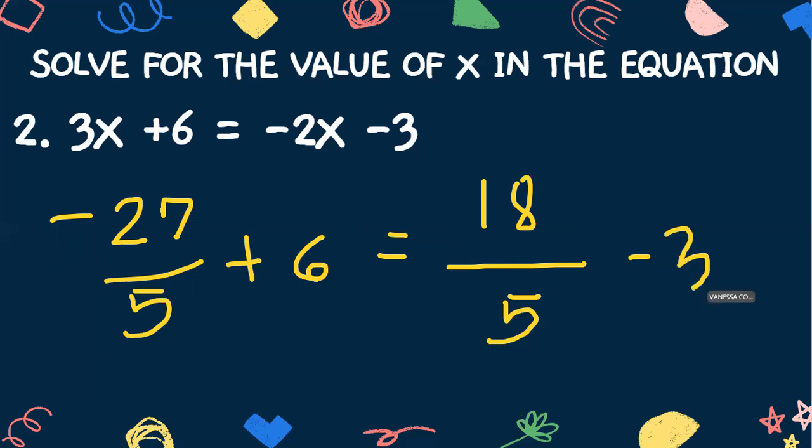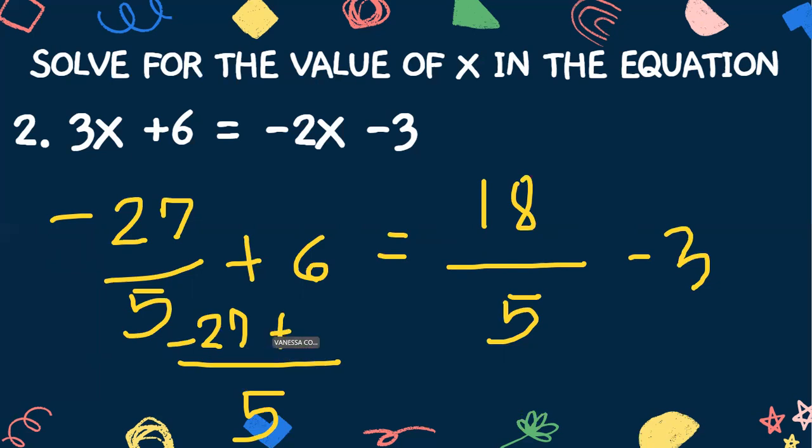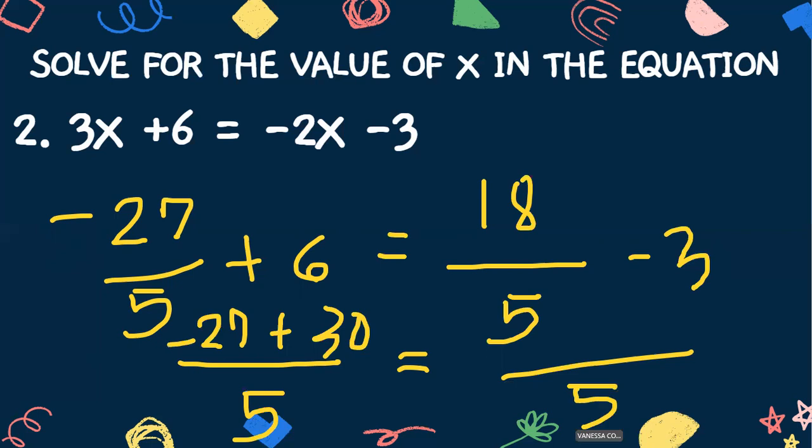So, dapat po equal po sila. So, negative 27 over 5, ang kanilang denominator is 5, negative 27, and then plus 30 is equals to, kanyang denominator din po is 5, 18 minus 15.